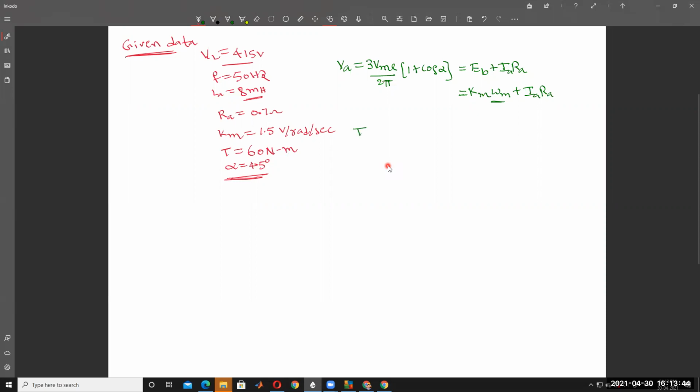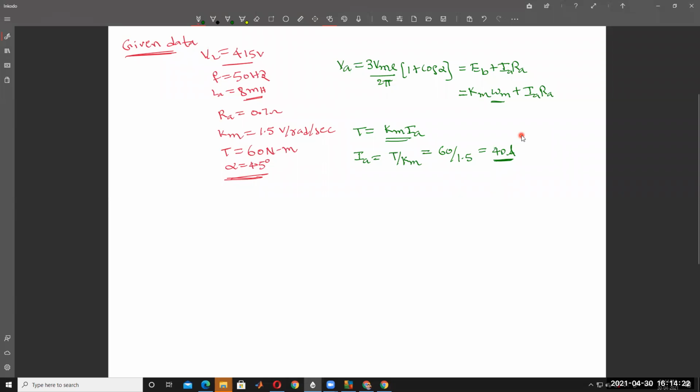Torque is equal to Km into Ia, so Ia is equal to torque divided by Km, which is 60 divided by 1.5. So you will get 40 amps.